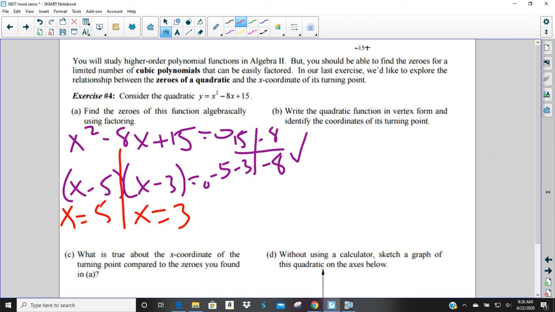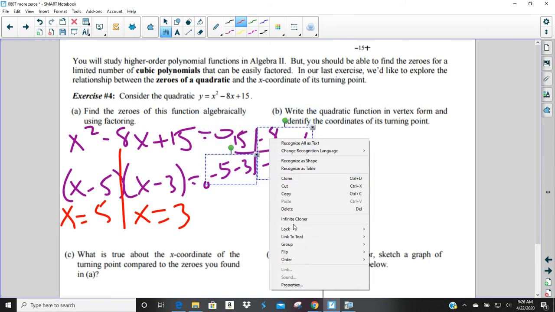Write the quadratic function in vertex form and identify the coordinates of the turning point. Okay. All right. So we need to make this smaller so I can make some room here. I'm not sure why I can't get this 5 over, but let's see if I can group this. Maybe, you know what I'm going to do?